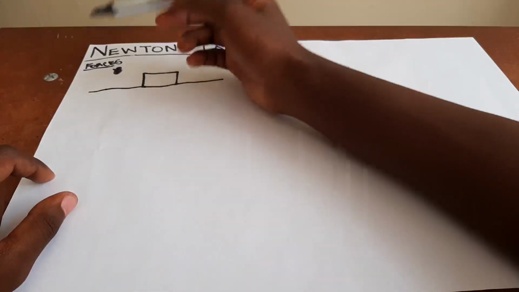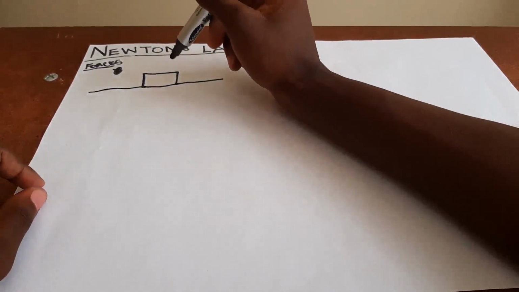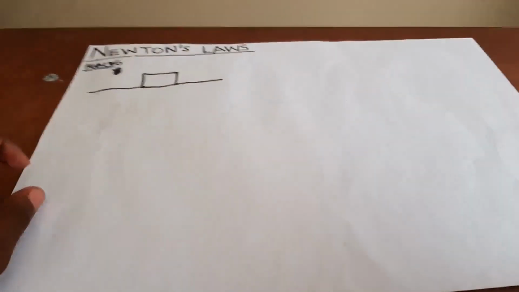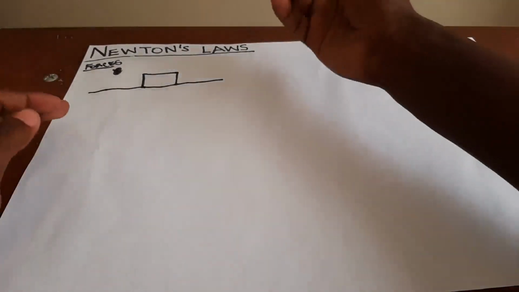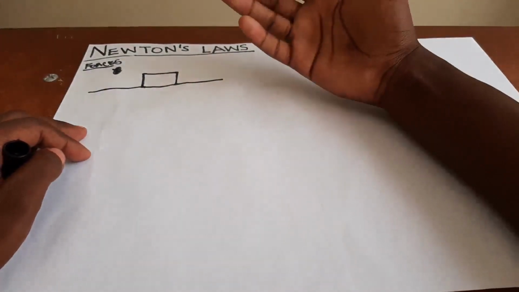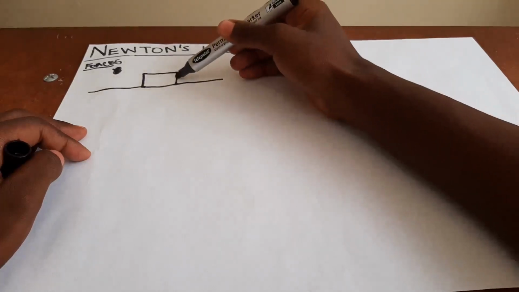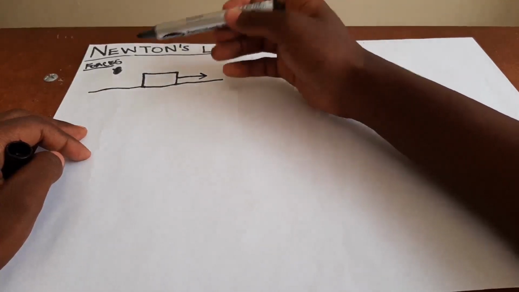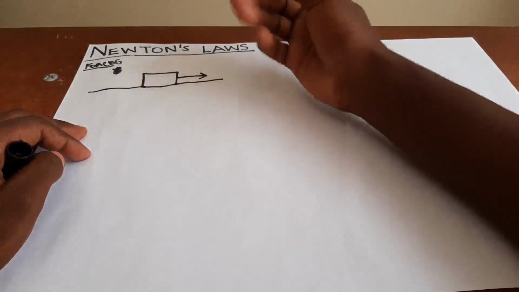There are forces acting on this object. To first discuss and name the forces that we are going to be dealing with mostly in Newton's laws, we have an applied force. This can be a pull or push, meaning that's a contact force. If I'm standing on this side and pushing it this way to the right side, this is going to be the applied force.